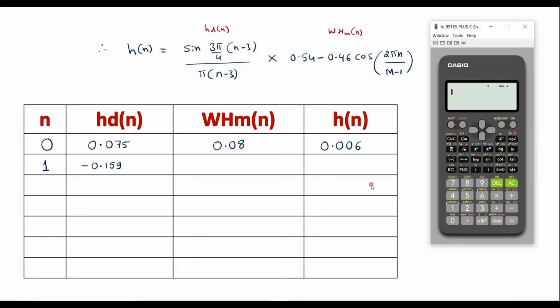It is 0.54 minus 0.46 cos of 2 pi by 6 because n is equal to 1.